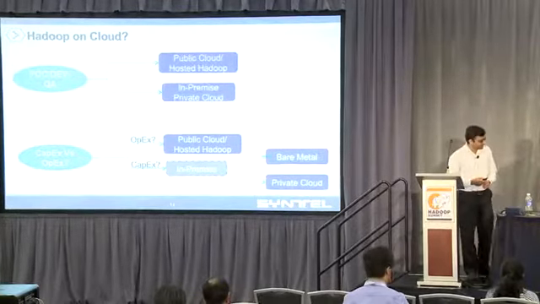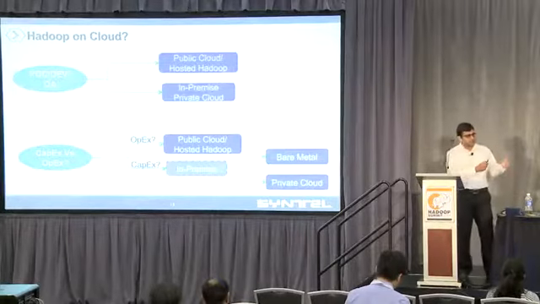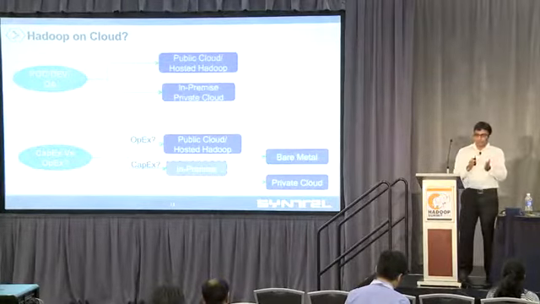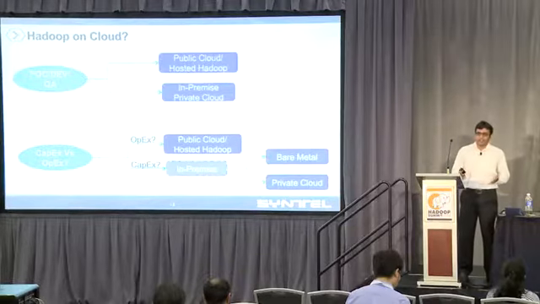So considering all these points, what we would like to conclude is what the consideration points are for making a decision of where Hadoop can be deployed, either on cloud or bare metal. But some implementations can also be a hybrid.